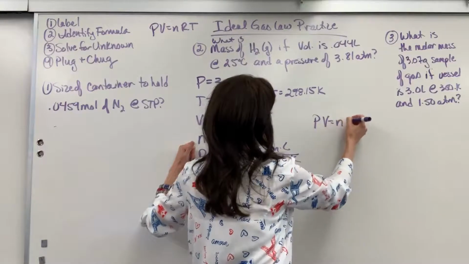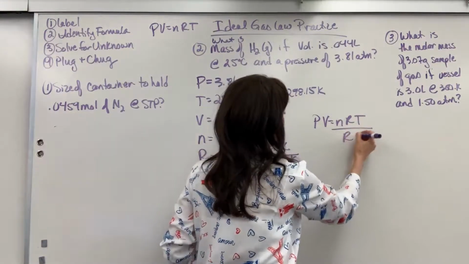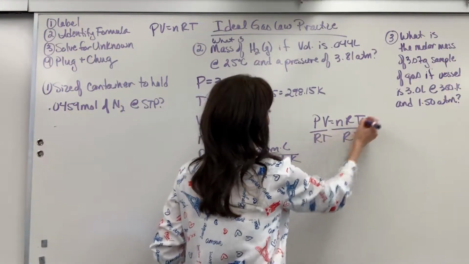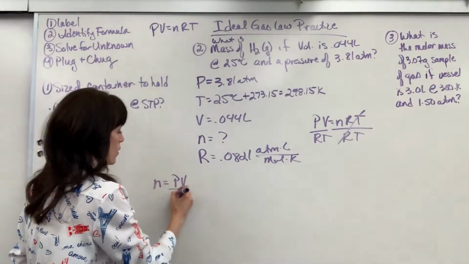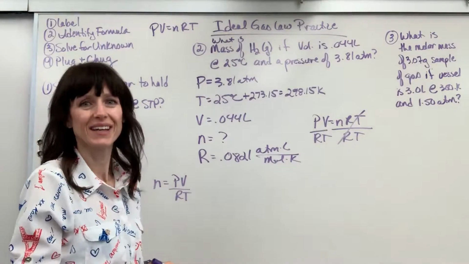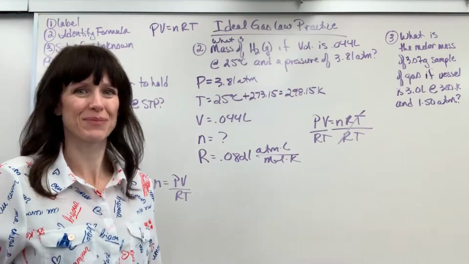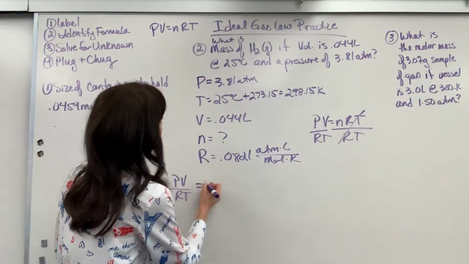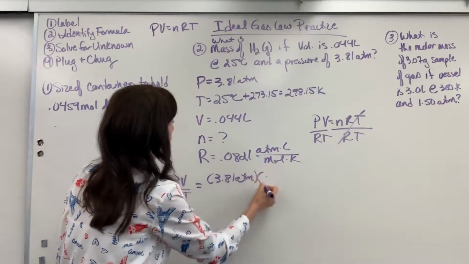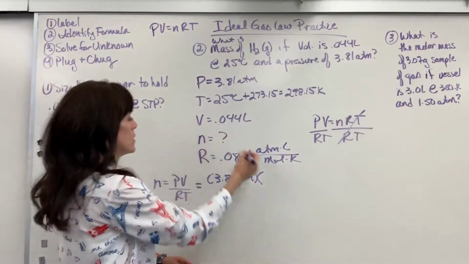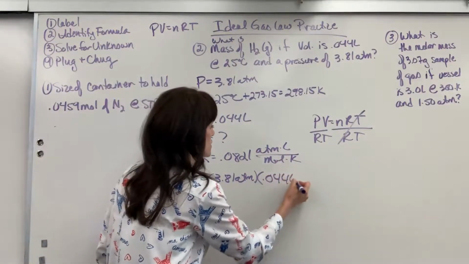PV equals nRT. Divide both sides by RT, and we get n equals PV over RT. Nice. Okay, last step. This is the fun one, plug and chug. So our pressure is 3.81 ATM times the volume, 0.044 liters.